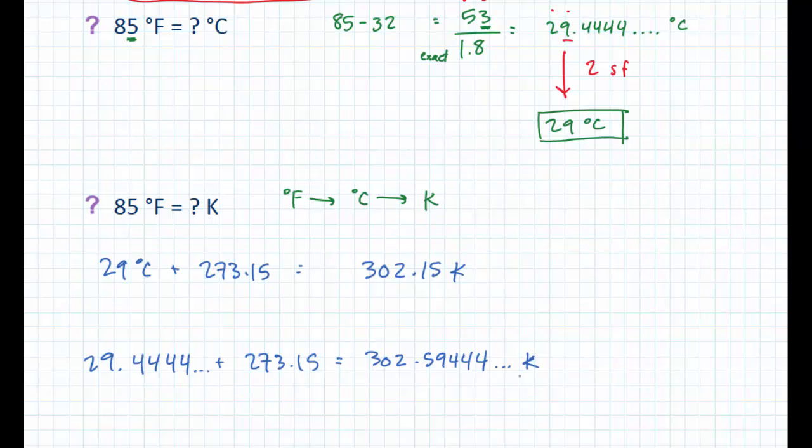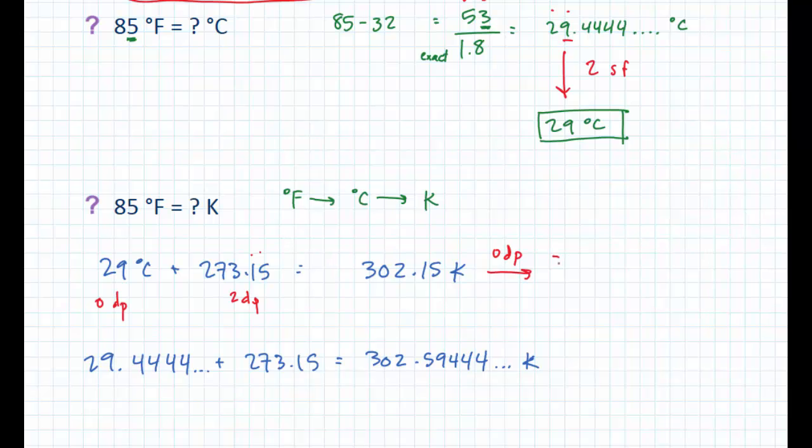Okay. With adding, we're limited by decimal places, right? 2 decimal places here, 0 decimal places here. So what would this answer be rounded to?